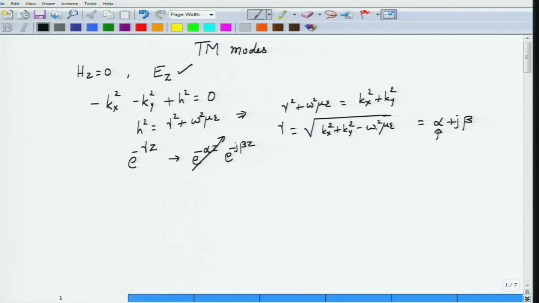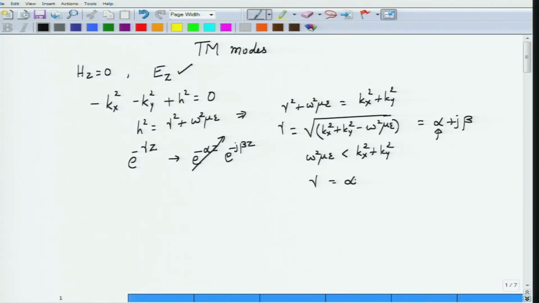Look at this expression for gamma, right? So if omega square mu epsilon happens to be less than kx square plus ky square, we haven't in fact told you how to calculate kx and ky, we will be doing that shortly. But if for some frequency, with mu and epsilon constant, it so happens that omega square mu epsilon is less than the sum kx square plus ky square, then the quantity under the square root will be greater than 0 and gamma will be equal to only alpha.